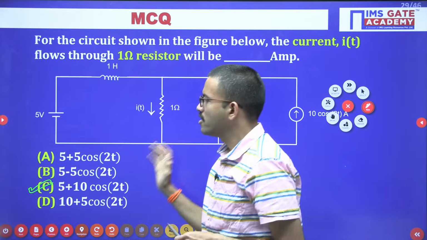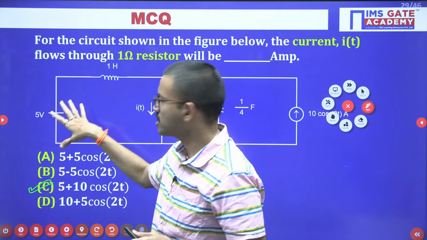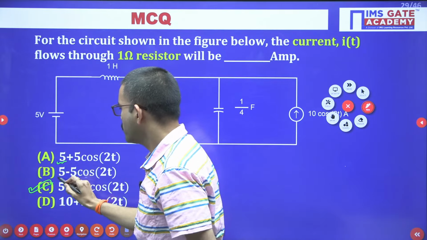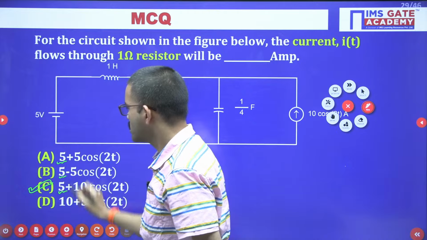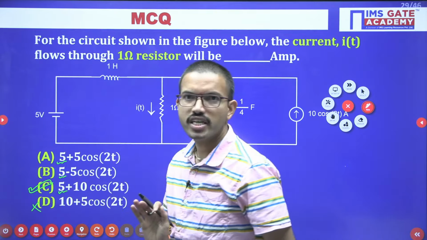Say for example, for this question, if you have considered only case 1, the DC voltage source, then if you observe the choices, 3 choices are satisfying. So only option D we can eliminate.